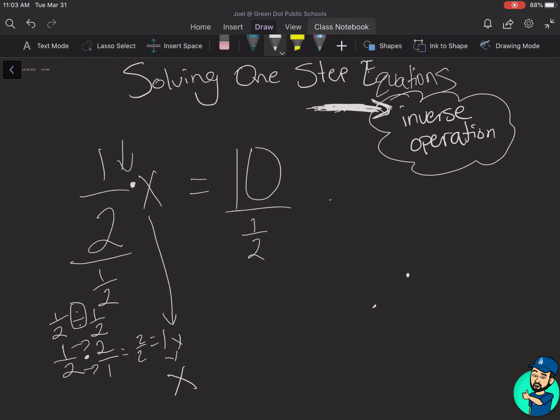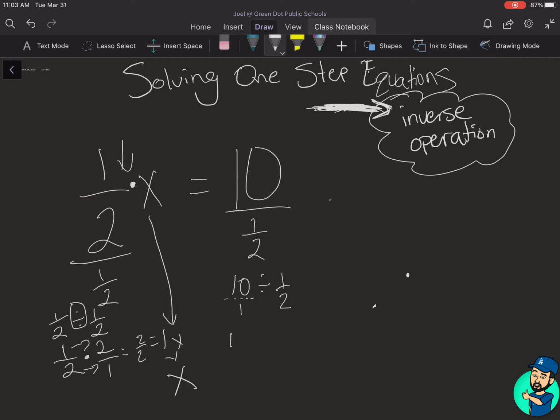Okay? Now, over here on the right-hand side of the equal sign, we have 10 over half, which is 10 divided by half. If you want to put an invisible 1 underneath the 10, that is fine. You need to apply the keep, change, flip rule.